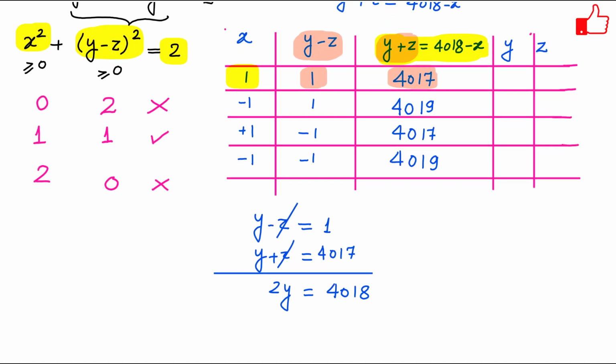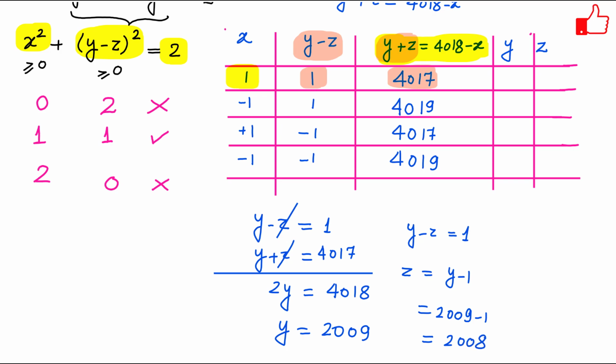This means y = 2009, and z from y − z = 1 is y − 1, so z = 2008. So in this case y is 2009 and z is 2008.